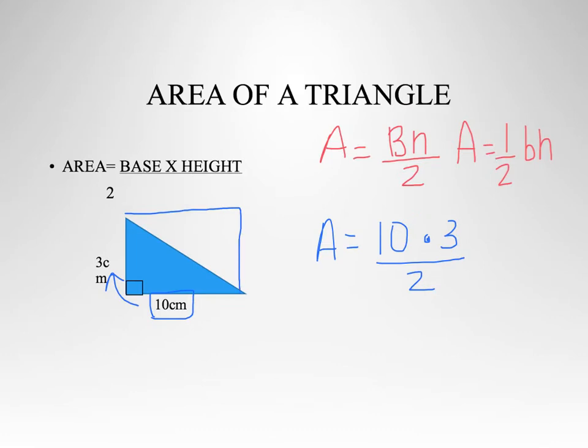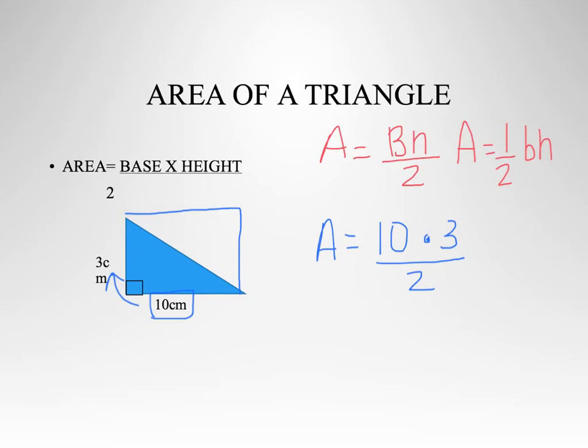And anytime you're trying to find the area of a rectangle, you would do the base times the height, or length times the width. Well, you have half of a rectangle when you have a triangle, so that's why you divide it by 2. So it ends up being base times height, and then divided by 2, because you only have half of the rectangle there.